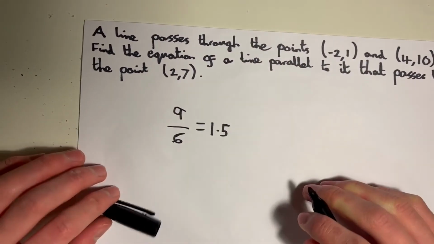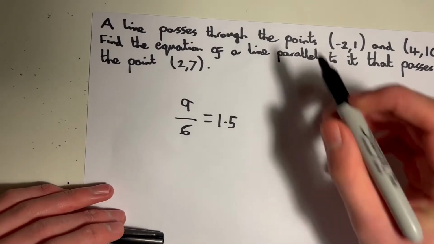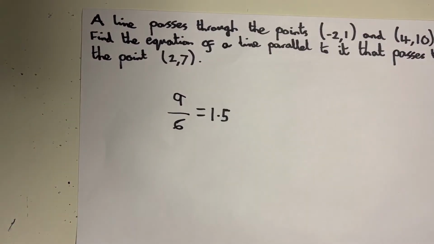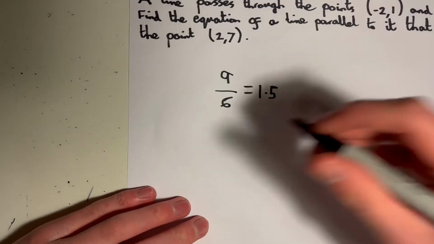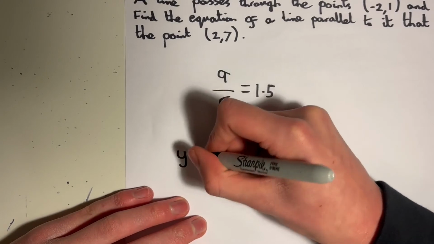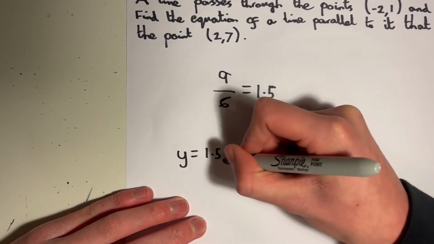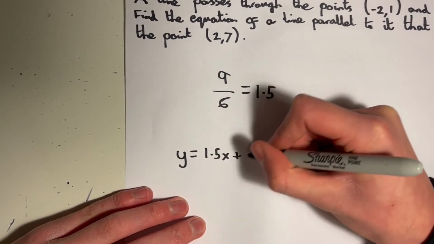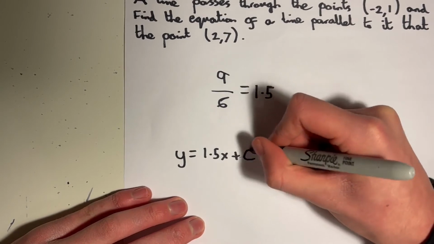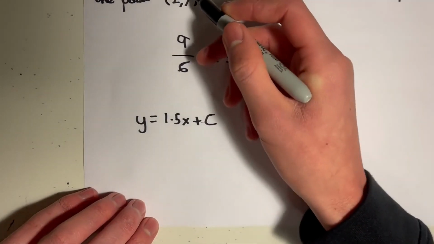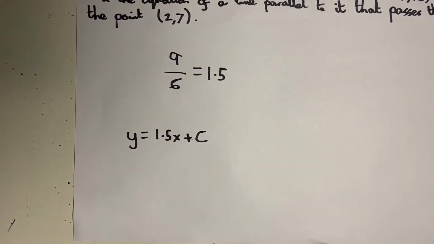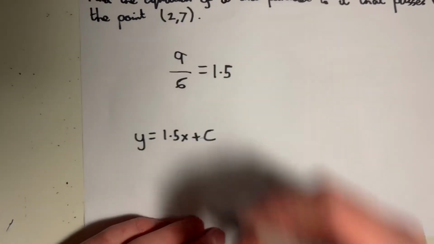So the gradient of the first line is 1.5, and because the lines are parallel, that means the second line, the one we're trying to work out, will also have a gradient of 1.5. So we've got the equation so far, y equals 1.5x plus c. And we also have, shock, a y and an x coordinate. So we'll sub those in.